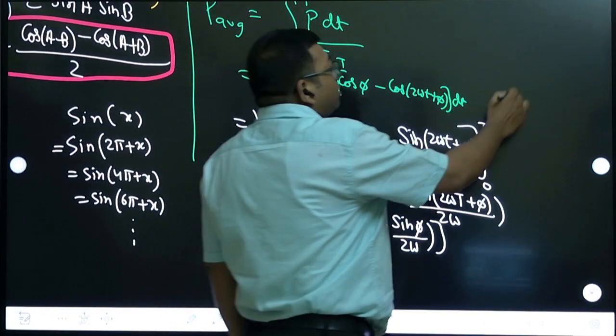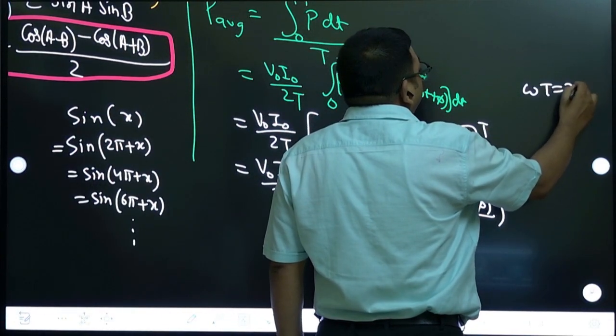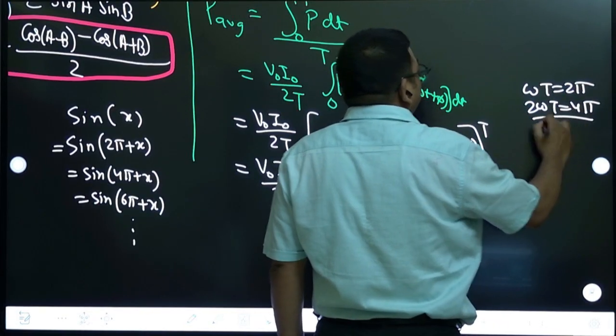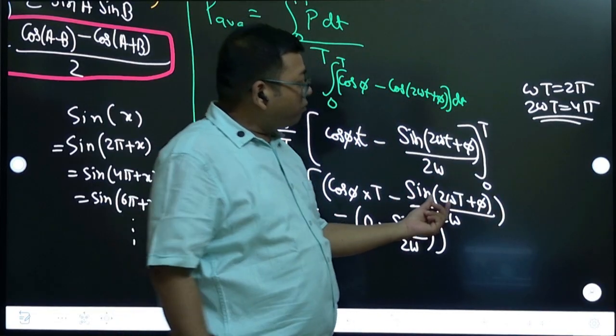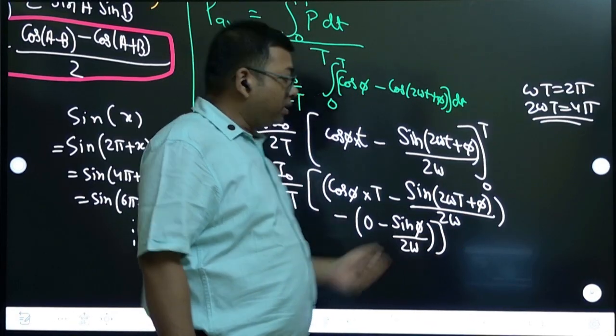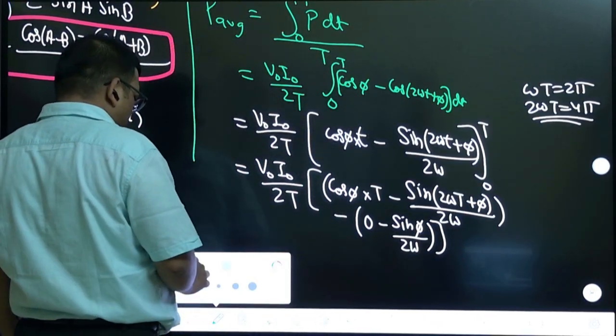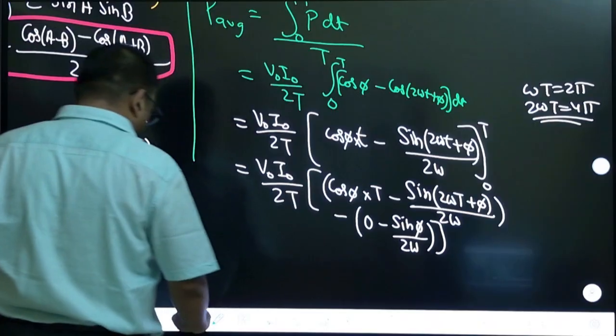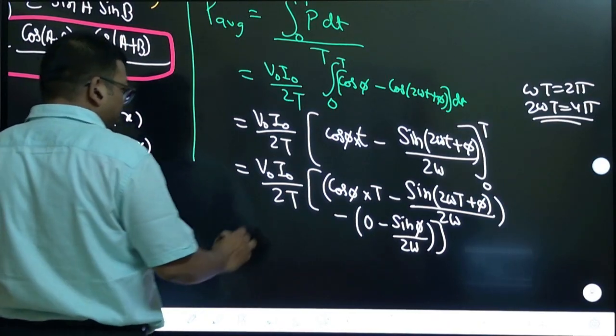You know that omega T is 2 pi and 2 omega T becomes 4 pi. So here sine of 4 pi plus phi will be same as sine phi. So this term which is sine phi, when you open it, you see that it is getting cancelled.